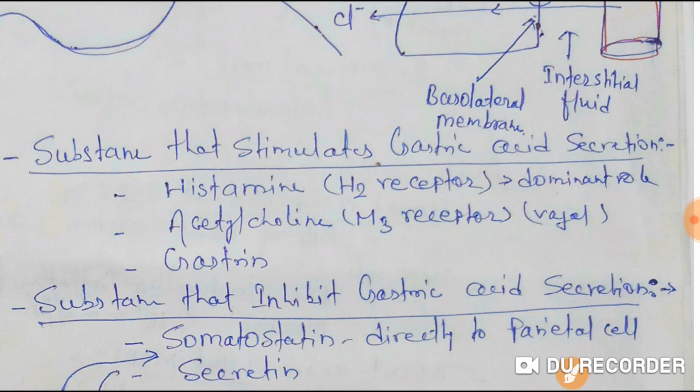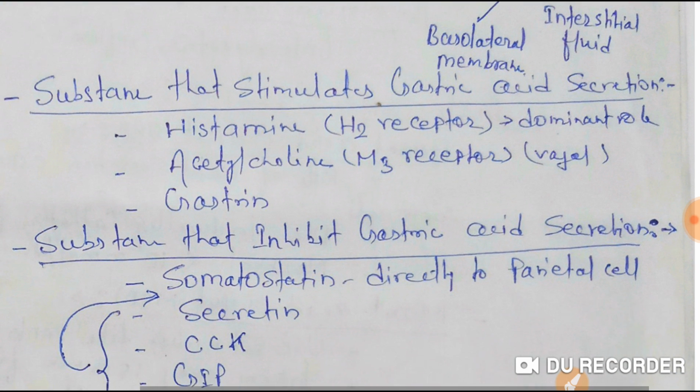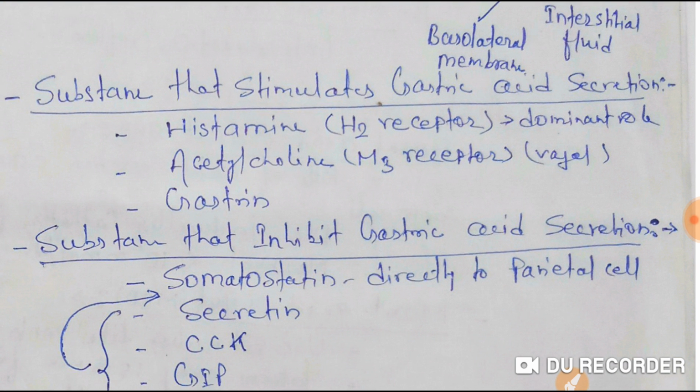The substances that stimulate gastric acid secretion are histamine, through the H2 receptor, which has the dominant role, and acetylcholine, through the M3 receptor with vagal stimulation, and also gastrin.